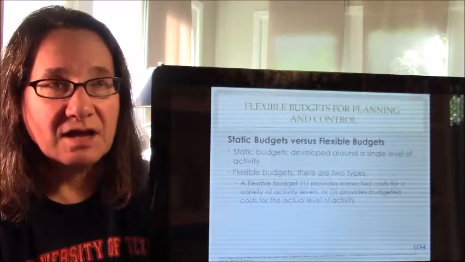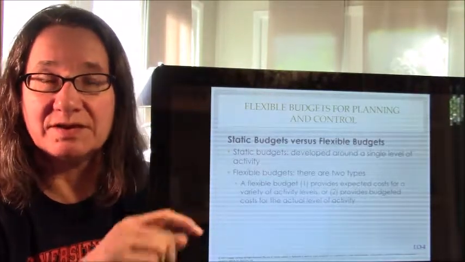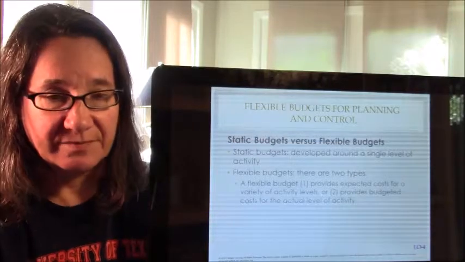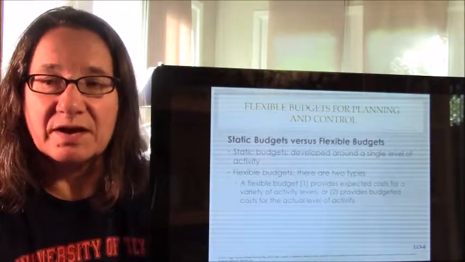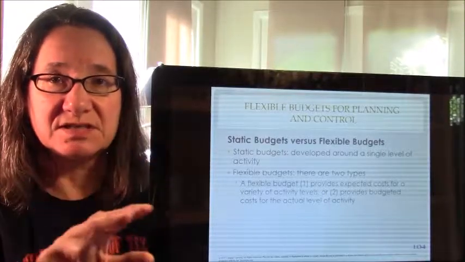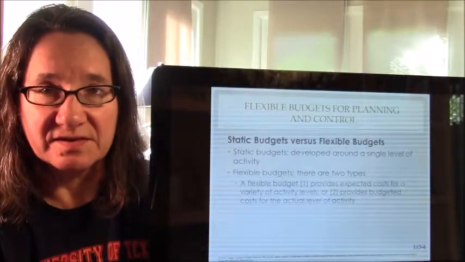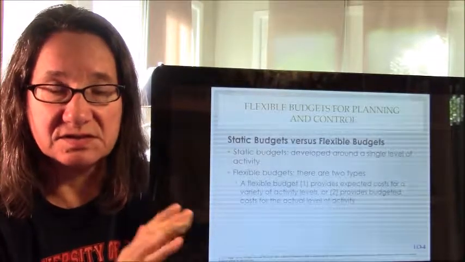So in other words, I budgeted for 1 million and I came up with all my direct labor, direct materials, and all that stuff. And I actually sold 1.1 million. All right, so now I need to flex the budget and see, because obviously there's going to be differences between what you realized and what you budgeted.